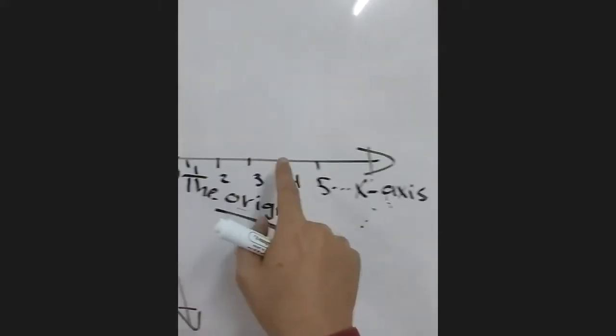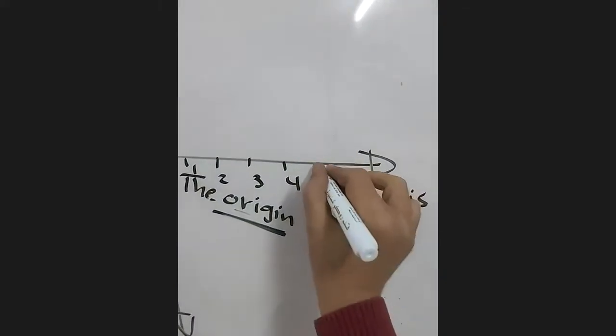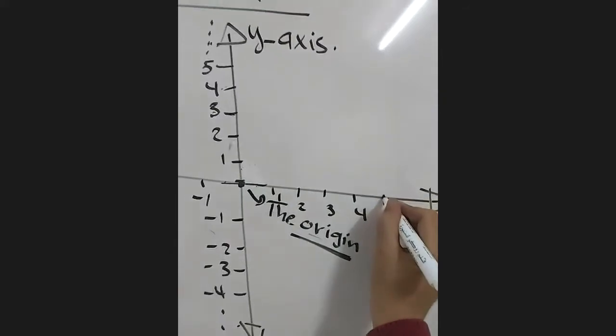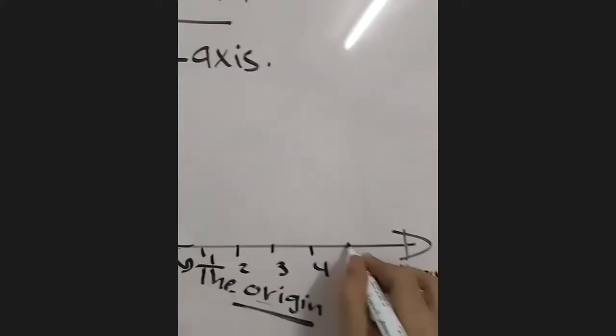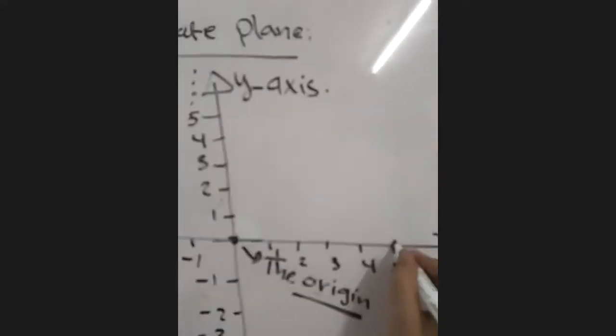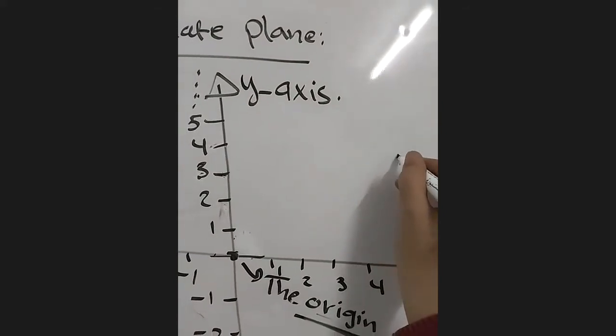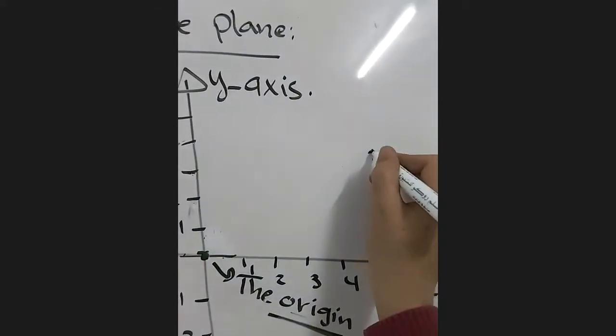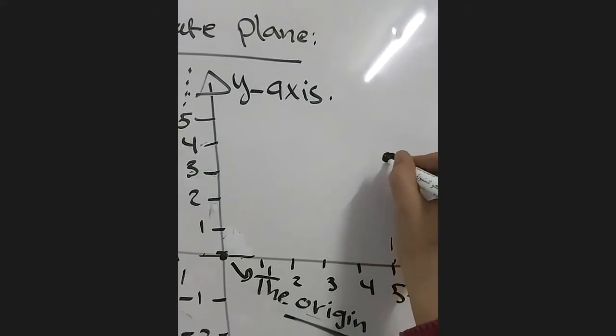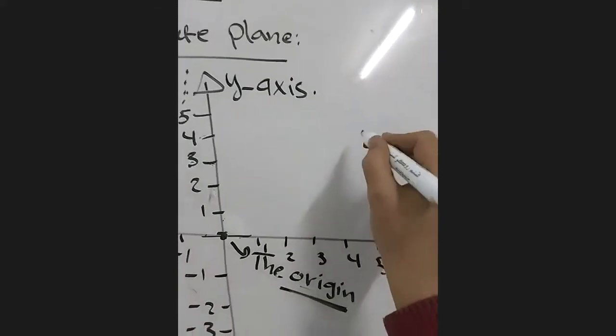Here is the x-axis and here is the 5. I put my pencil here, okay? The second number is 4, for y. And y is up here. So from this 5 in x, I will go up until I get the 4 in y, see? And I put my point. This is point A.